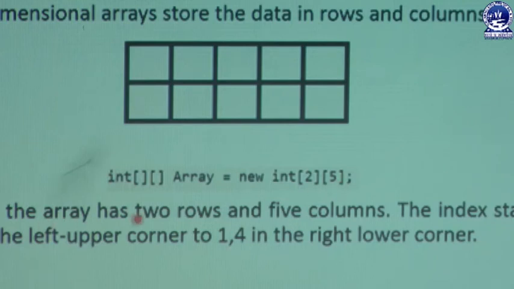In this array there are 2 rows and 5 columns. So the index starts from 0,0 in the upper left corner to 1,4 in the lower right corner.